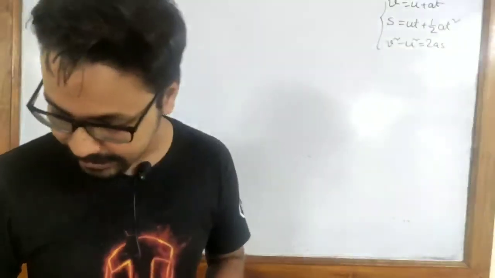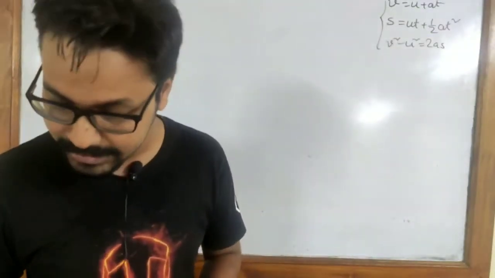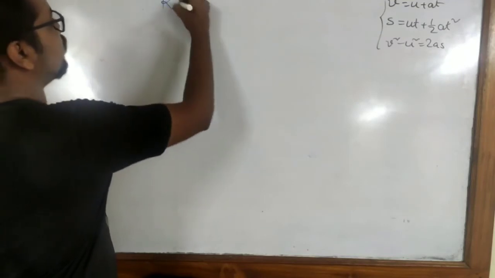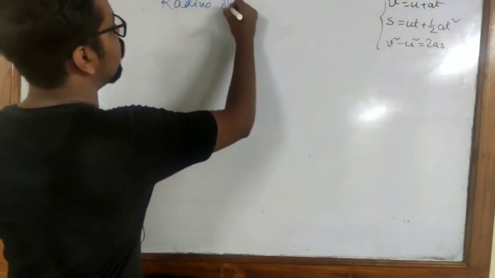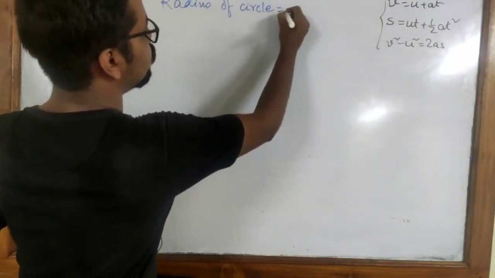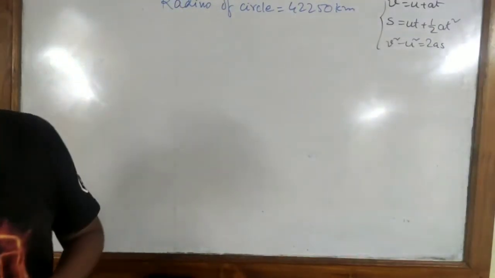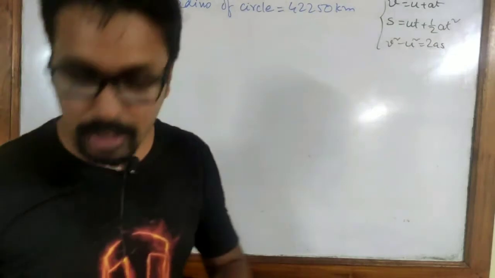What is given is that an artificial satellite moving in a circular orbit has a radius of 42250 km. So in question number 10, we have radius of circle equal to 42250 km. Okay, it takes 24 hours to complete one revolution.